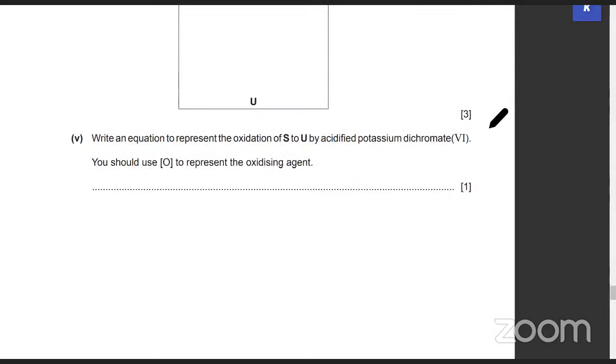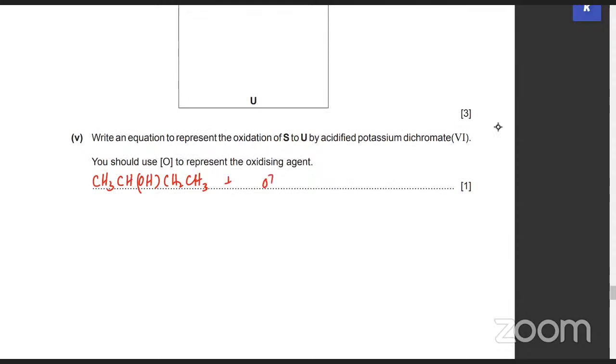Butanol is CH3CHOHCH2CH3. It's reacting with K2Cr2O7, which he represents by an O. It turns into a ketone. That would be CH3COCH2CH3.